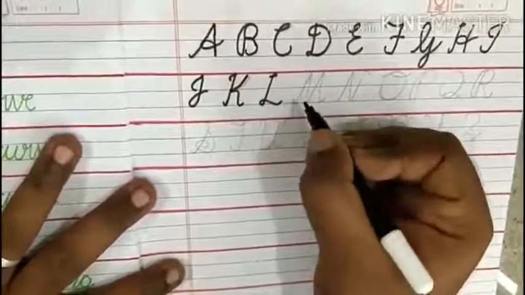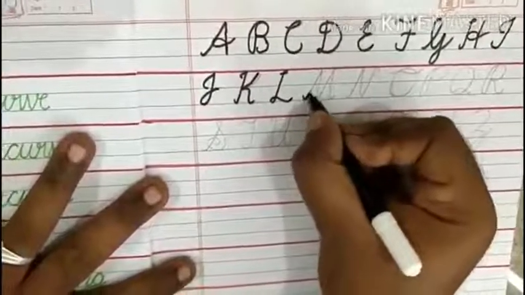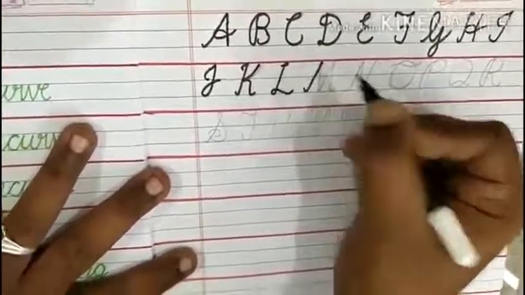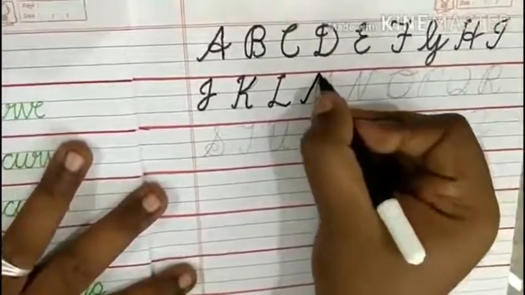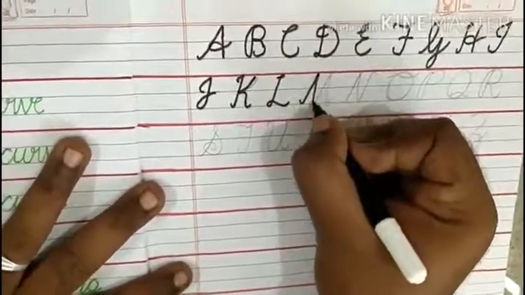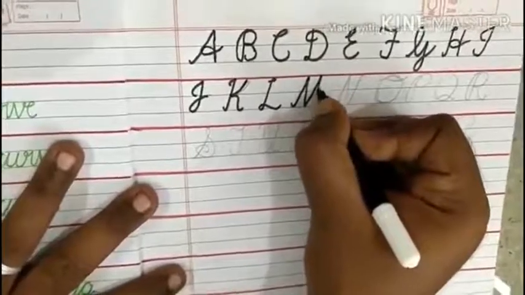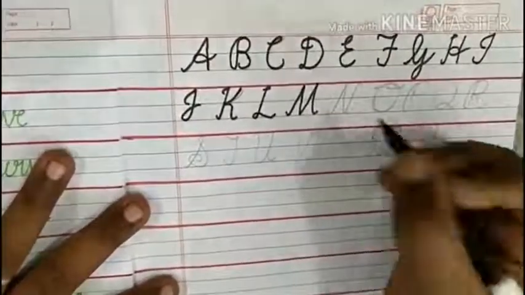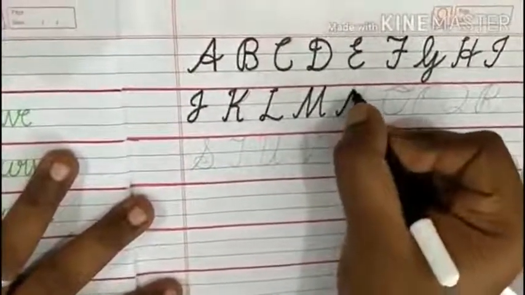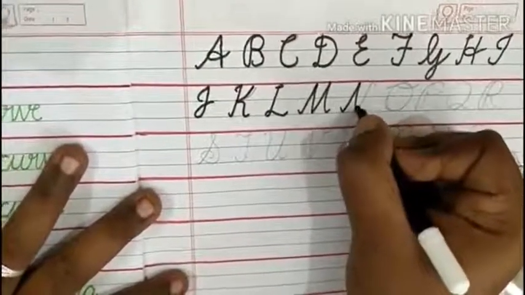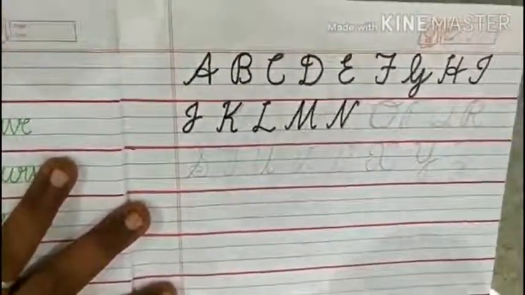For M, take to the top line, come back to the base line, again to the top line, again to the base line, leave a tail. For N, similar to M, top line, base line, top line, tail.